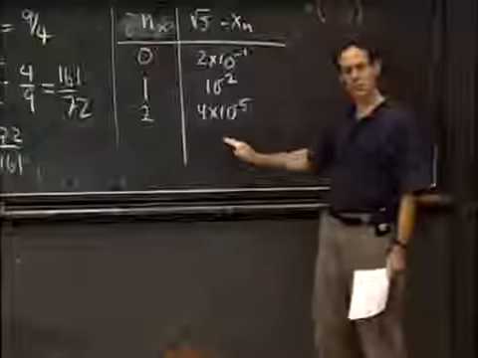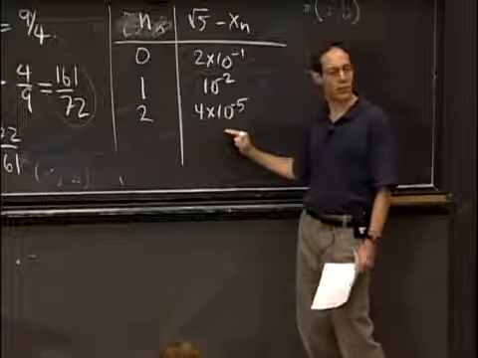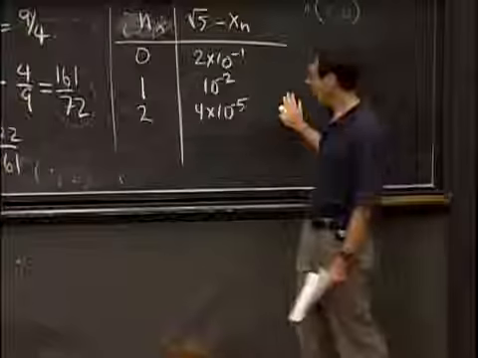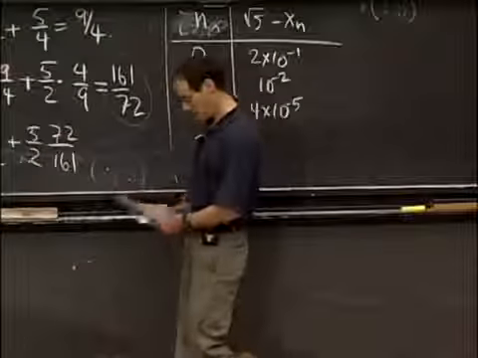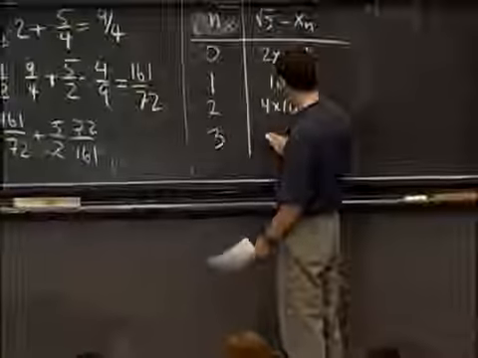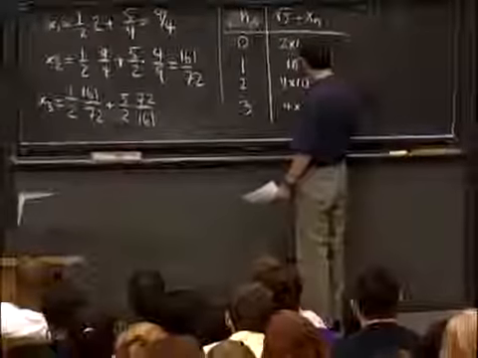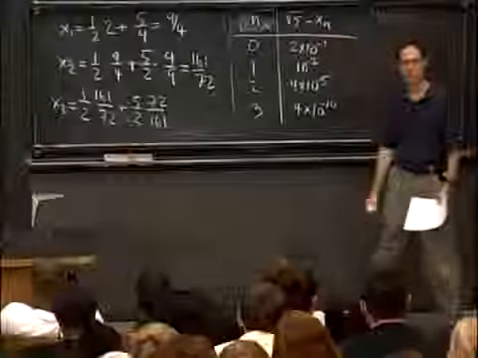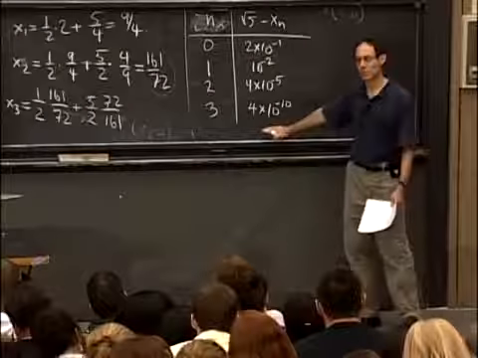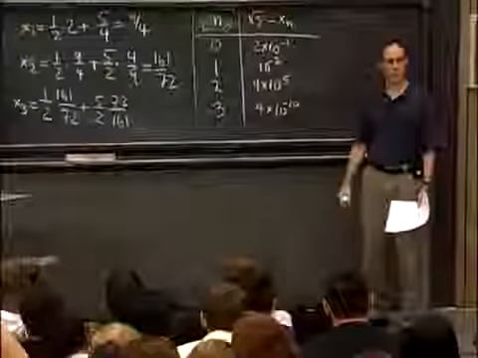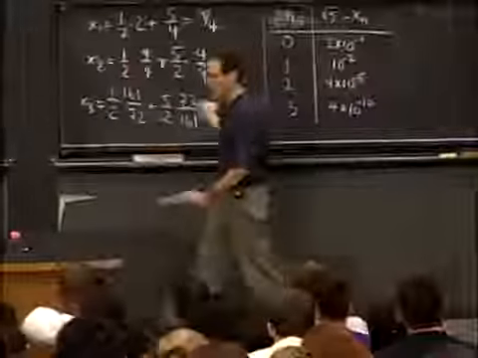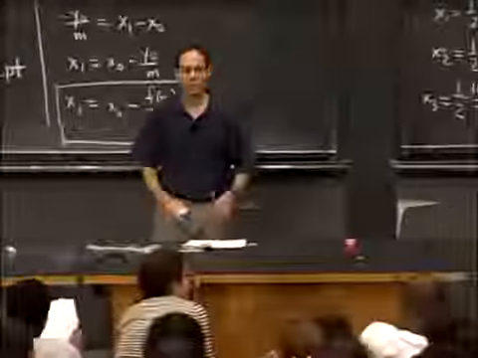That's already as good an approximation to the square root of 5 as you'll ever need in your life. If you do 3, this number here turns out to be accurate to 10 to the minus 10 or so. This goes right off to the edge of my calculator. So already with the third iterate, you're way past the accuracy that you need for most things.